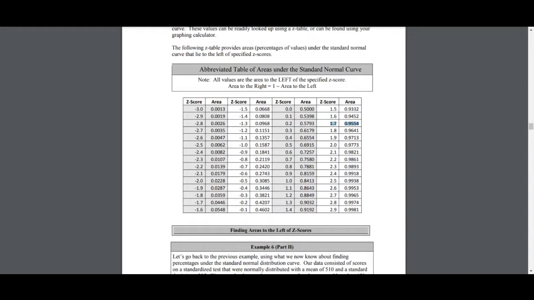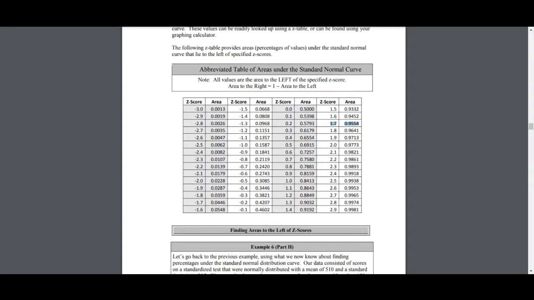What if we wanted instead to the left of the z-score negative 0.754?